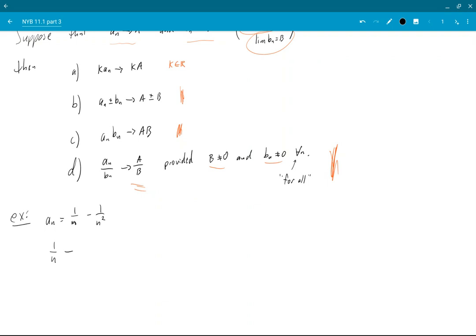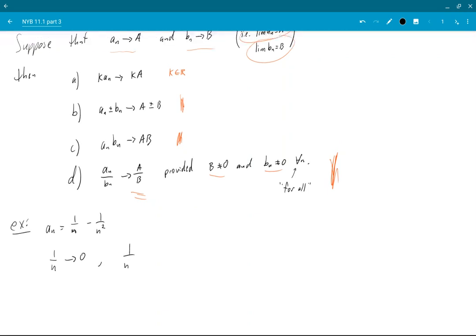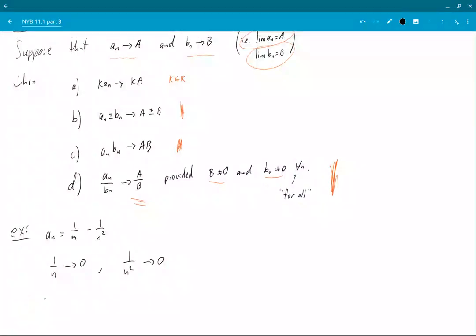Okay, 1 over n certainly goes to 0, and 1 over n squared goes to 0 as well. So therefore, by the properties mentioned above, an goes to 0 minus 0, which is 0. Easy enough.